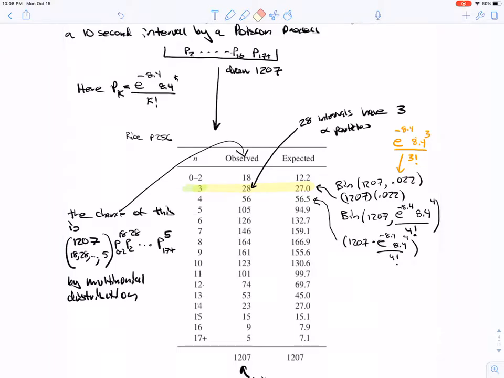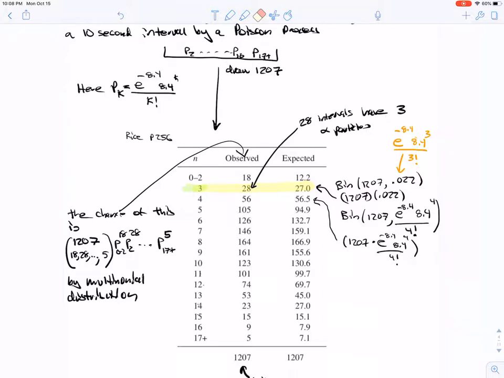To get the expected column, it was just np.